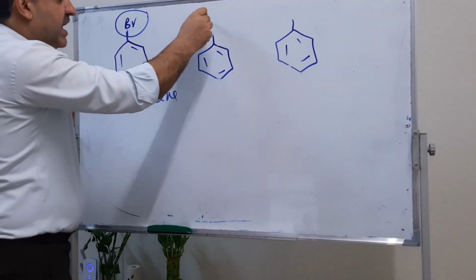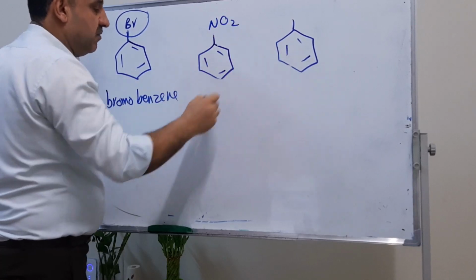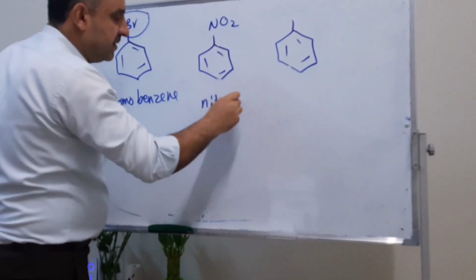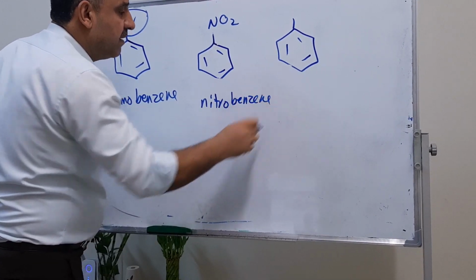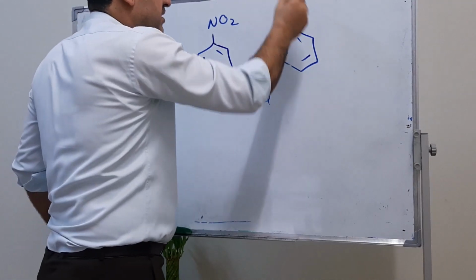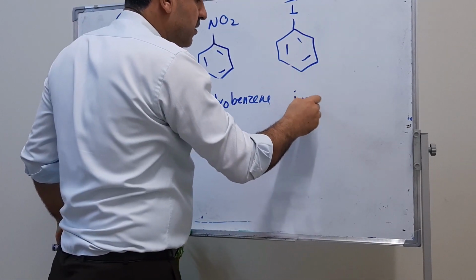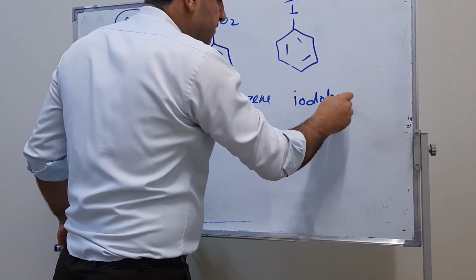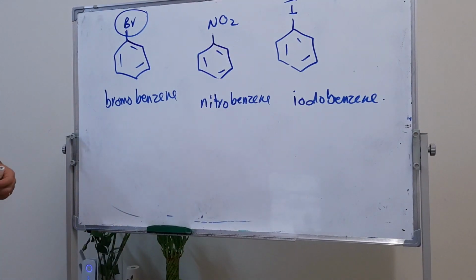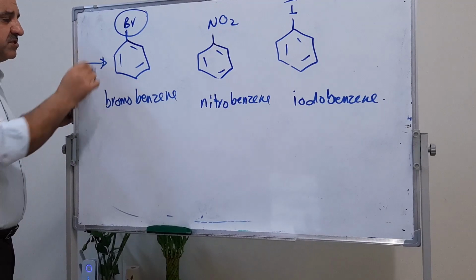If you have a nitro, then we call it nitrobenzene. No need for any numbering in this case because it's a monosubstituent. If we have iodine, we call it iodobenzene. Do you follow me? So this is the rule for monosubstituted benzene.